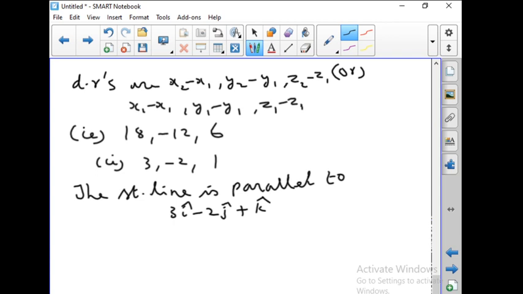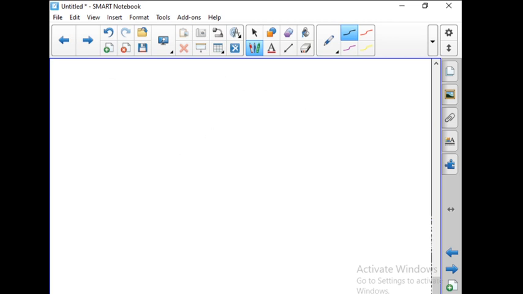So now, what about the vector equation? Vector equation in parametric form is asked. So what is the parametric form? R vector is equal to A vector plus t... No, here it passes through 2 points.